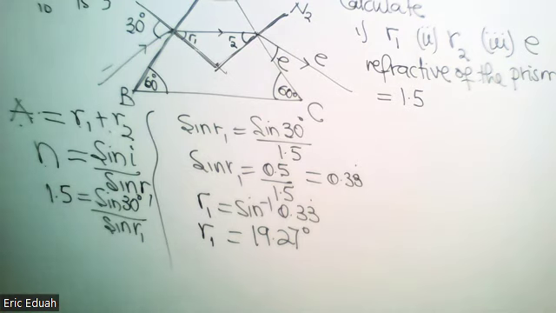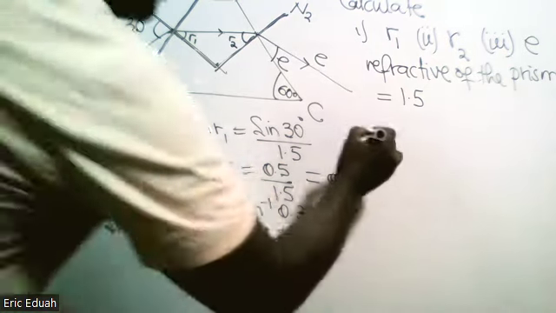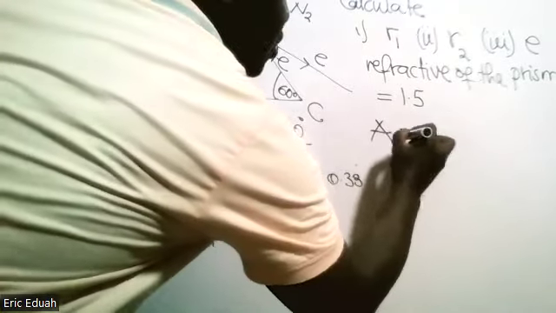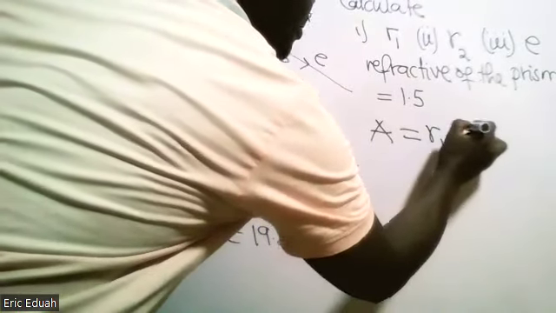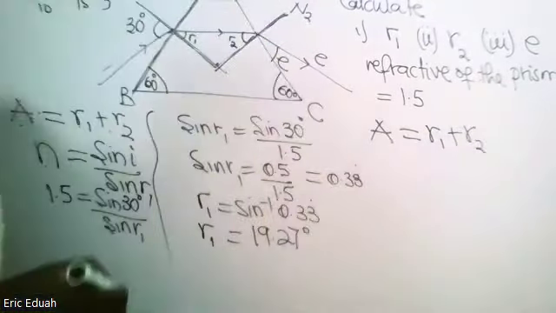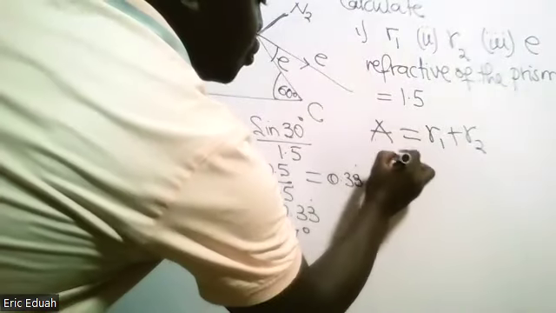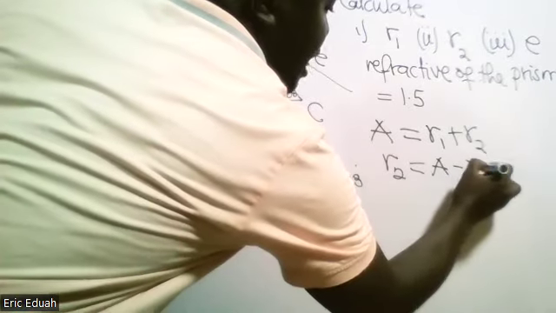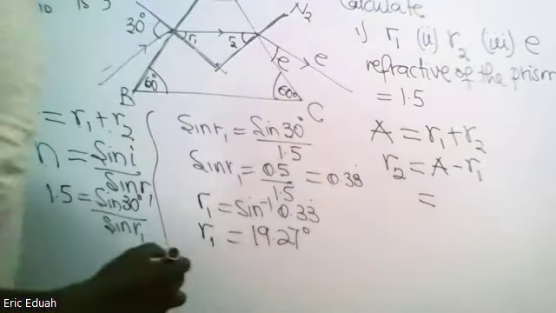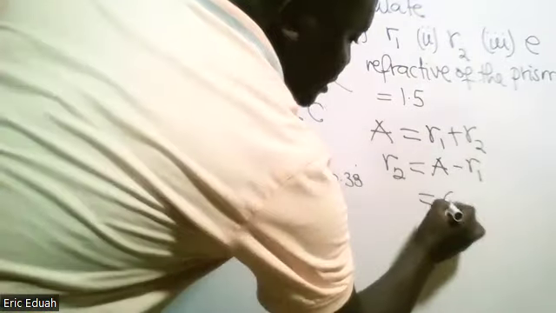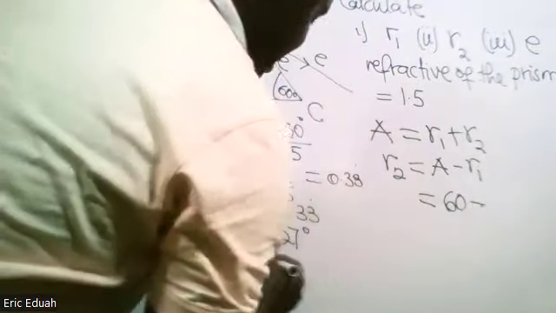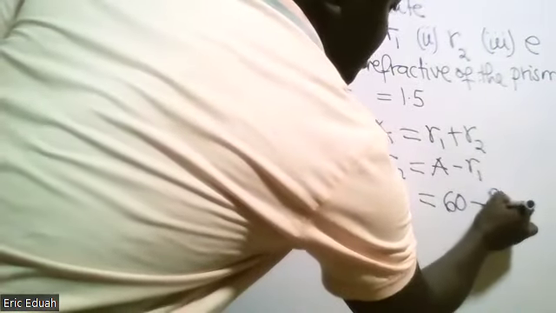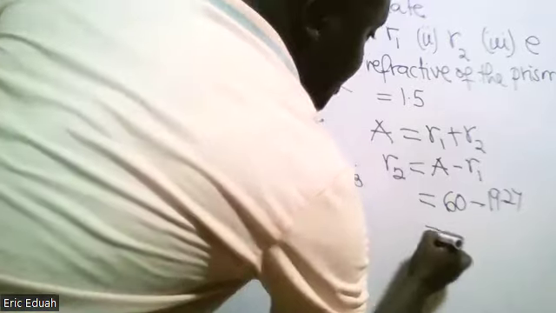All right. And so using A is equal to R1 plus R2, R2 would be equal to A minus R1. A is 60. R1 is 19.27.